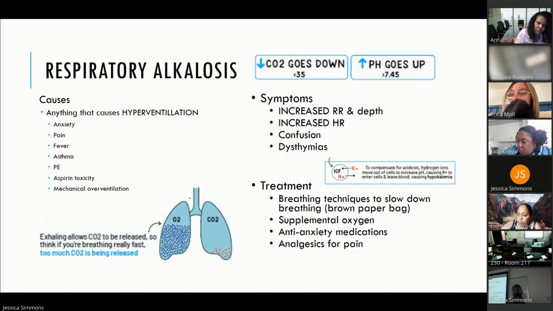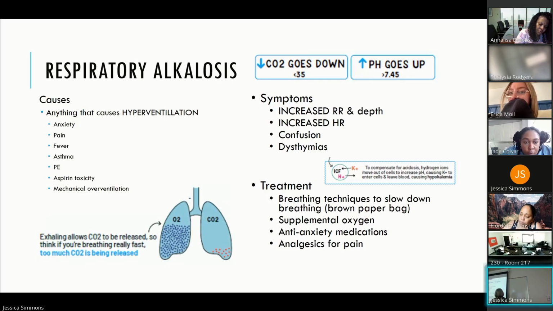Your symptoms are increased respiratory rate and depth, an increased heart rate, confusion. And then again, to compensate for acidosis, hydrogen ions move out of cells to increase the pH, causing potassium to enter the cells and leave blood, causing hypokalemia. That hypokalemia is responsible for your dysrhythmias.